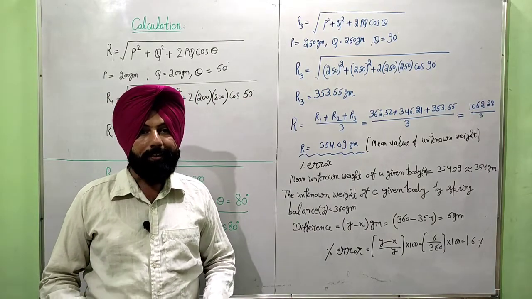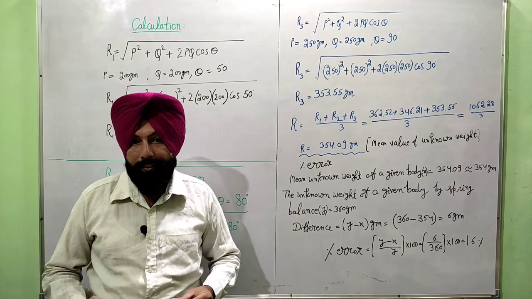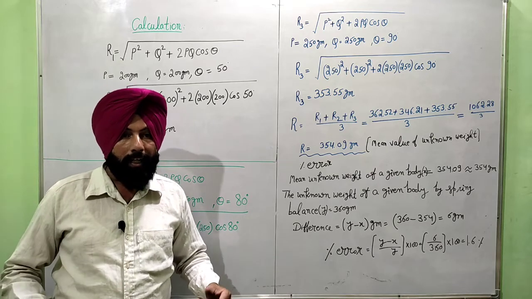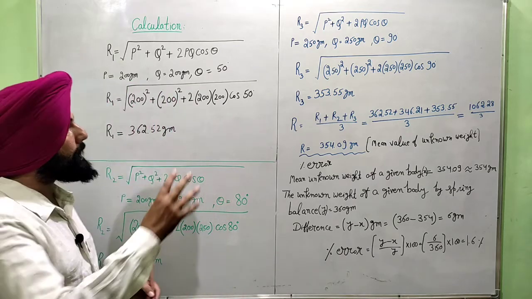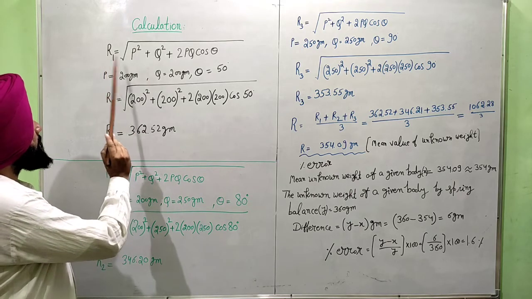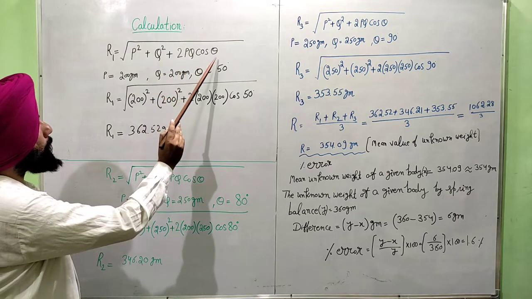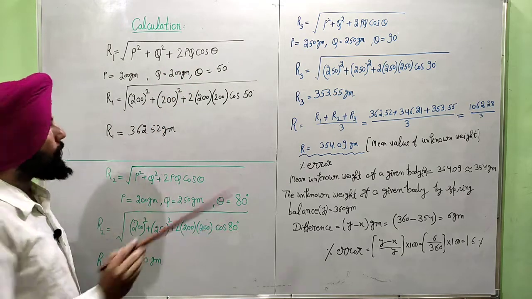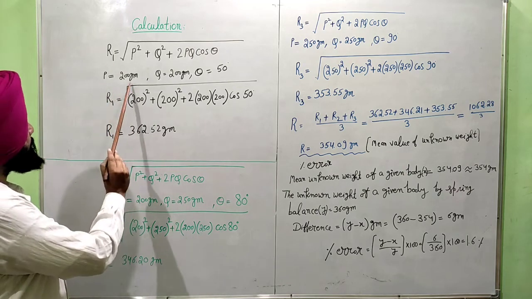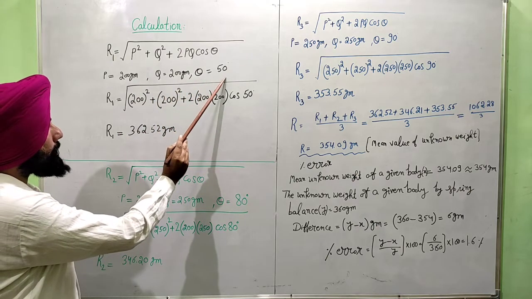Now students, we have taken the 3 readings on the drawing sheets and after that it's time for the calculations. So formula used is R equal to square root of P square plus Q square plus 2PQ cos of theta. Now I am taking R1 for the first case. In this case P is 200 gram, Q 200 gram, theta equal to 50 degree.